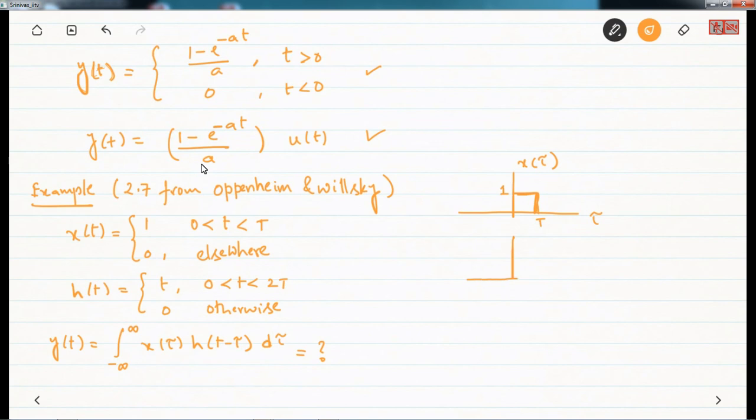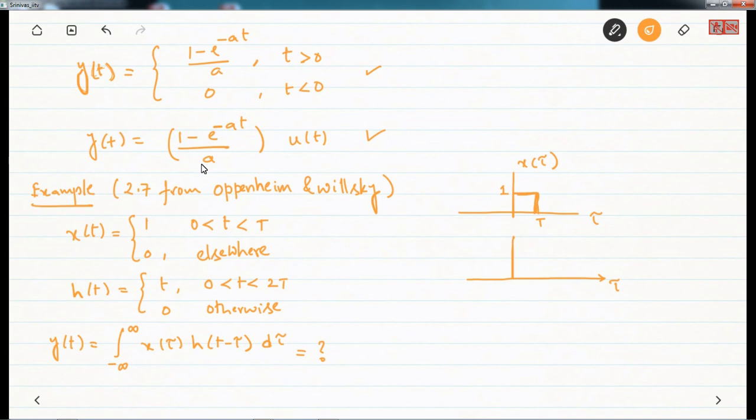Now what is h of, so we need to get h of t minus tau. How do we get h of t minus tau? We will first plot h of tau, we will reflect it about the origin.